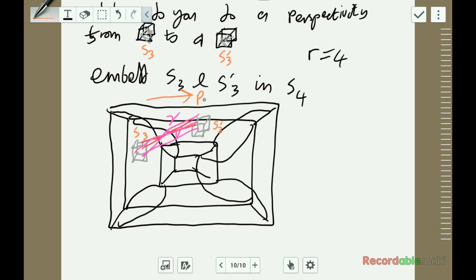So this gives you the perspectivity. And multiple perspectivities give you homographies.